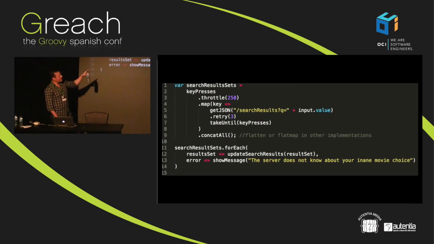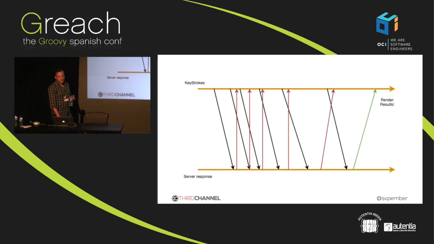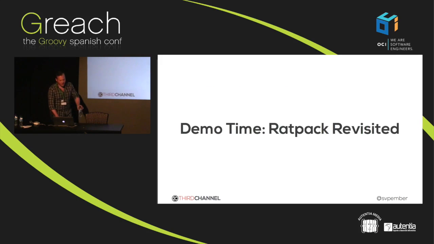So with take until, if another request comes down from key presses before the getJSON completes, that getJSON stream will be canceled and just stopped. The handler will go away. It will automatically stop listening, all automatically, without you having to worry about an event handler at all. It's pretty slick.